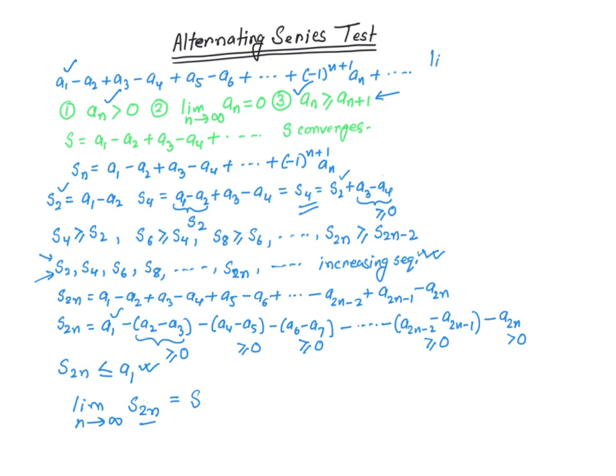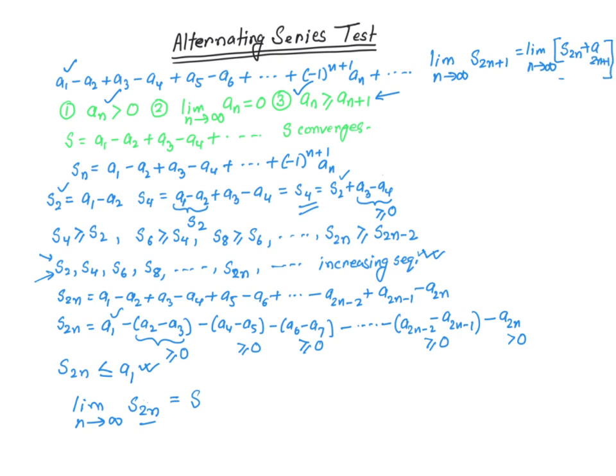So let's see, limit as n approaches infinity of S sub 2n plus 1. Where does that go to? We can do that pretty easily. Limit as n approaches infinity of S sub 2n plus 1 is nothing but, let's put it inside a square bracket, S sub 2n plus the last term, which is A sub 2n plus 1.